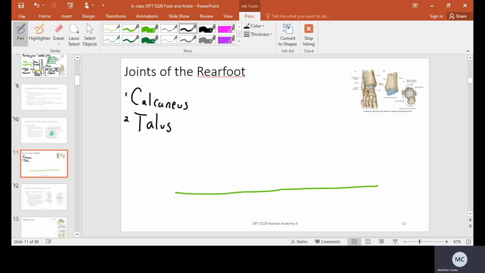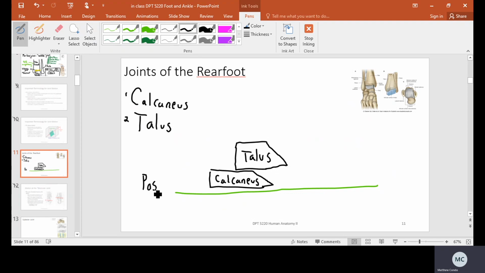My calcaneus, essentially, is going to be this kind of large boxy bone here. And my talus is going to kind of sit on top. But it's not going to sit directly on top of the calcaneus. So I'm going to have some stuff that sticks out.